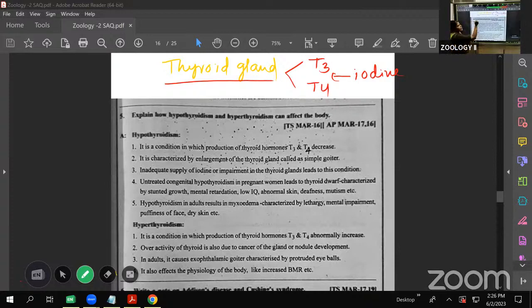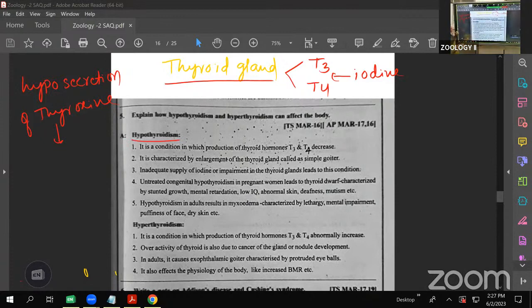What are hypothyroidism and hyperthyroidism? Hypo means less secretion of the thyroxine hormone. Hyposecretion of thyroxine causes hypothyroidism, as the name says. Here, the thyroid gland produces less thyroxine.